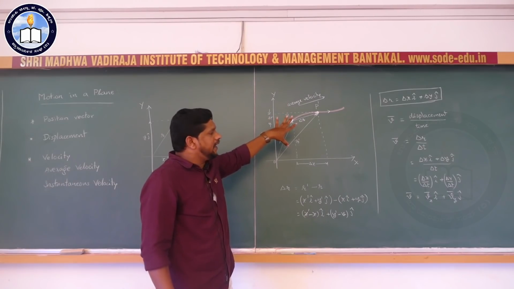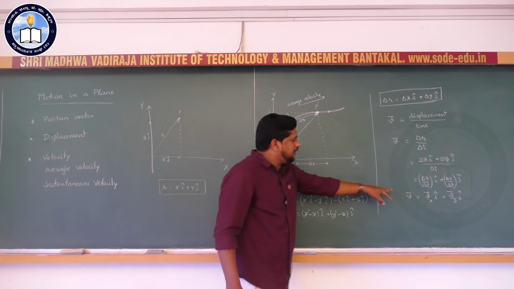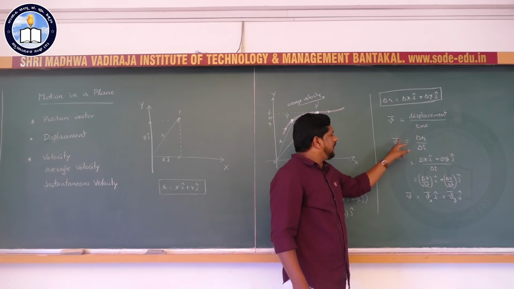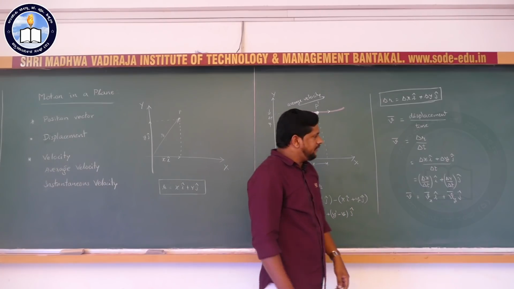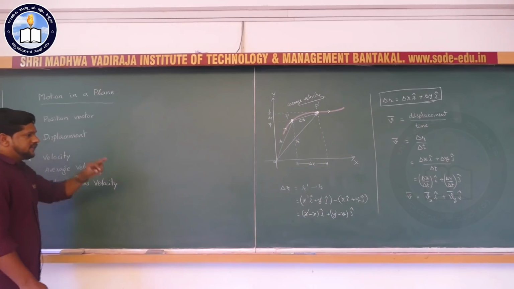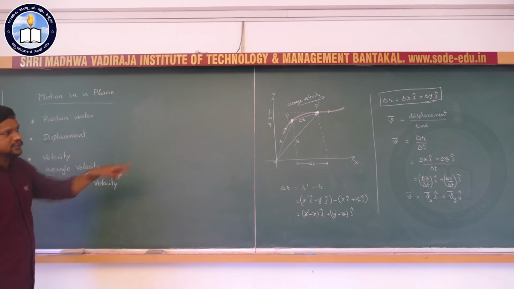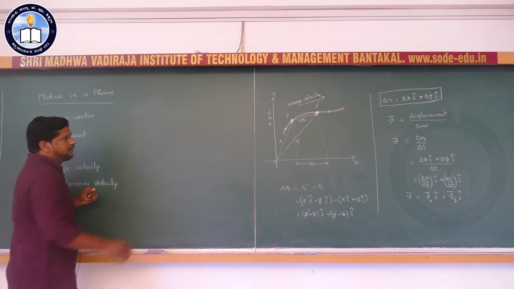In case of planar motion, average velocity will be along the direction of delta r. Now let me try to define the instantaneous velocity of this particle.